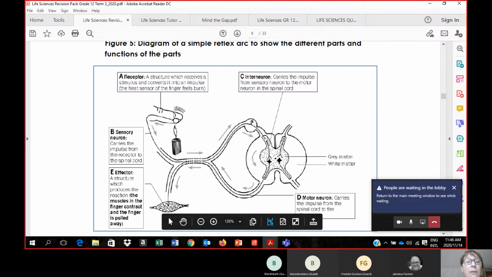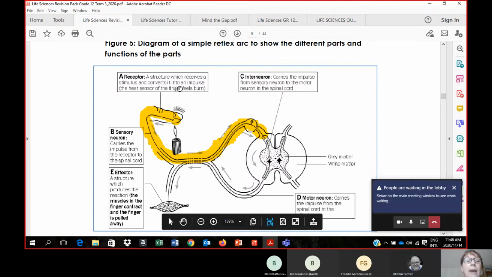So it goes from the receptor, and this is the sensory neuron that I'm highlighting. So it's going over here, there's the sensory neuron, then it goes through the dorsal root, remember? And then it's joining up with the spinal cord over here. So that is the sensory neuron. And remember, I told you just now, the sensory neuron conducts impulses from the receptor to the spinal cord.